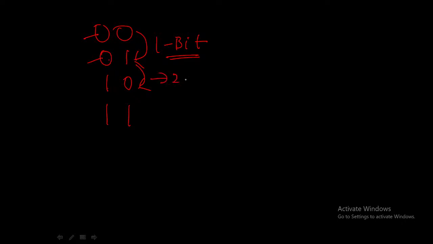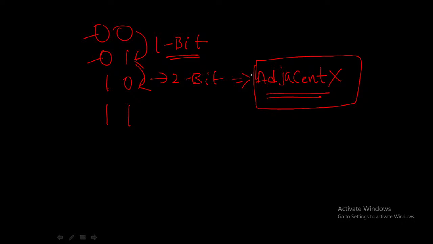So there are 2-bit changes, and you cannot say these two are adjacent. But 01 and 11, if you compare, 1 is constant and only 1 bit is changing. So this is adjacent.